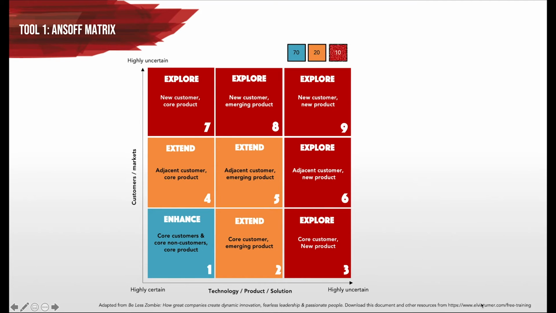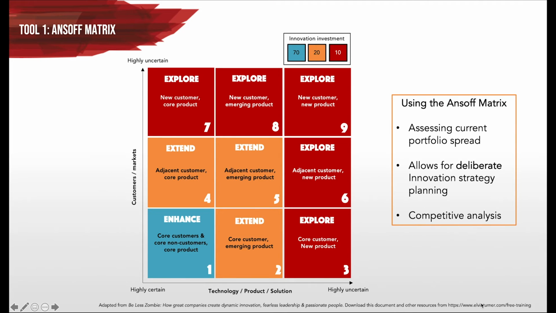So along the top here, you can see that the colors indicate a split, 70, 20, 10. Now, we're going to look at that in a bit more detail in a moment. But the idea with this grid is that you're trying to build a balanced portfolio of experiments and work all around this grid so that you've always got something coming from the future that is maturing to become a revenue stream for tomorrow.